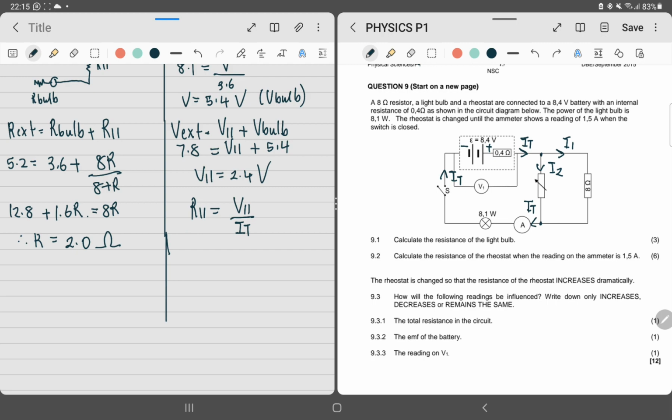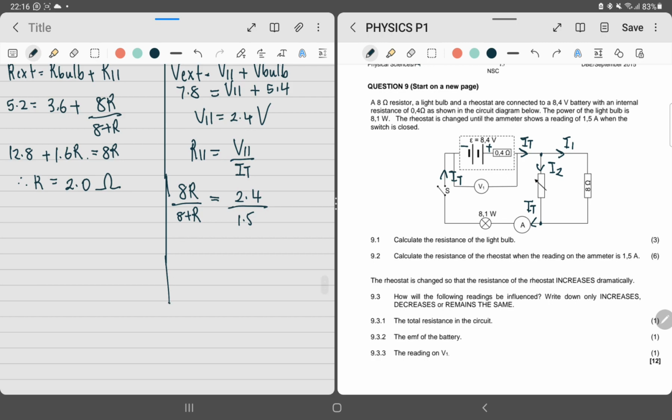R parallel is 8R all over 8 plus R. You remember from that. V parallel is 2.4 and the total current is 1.5.